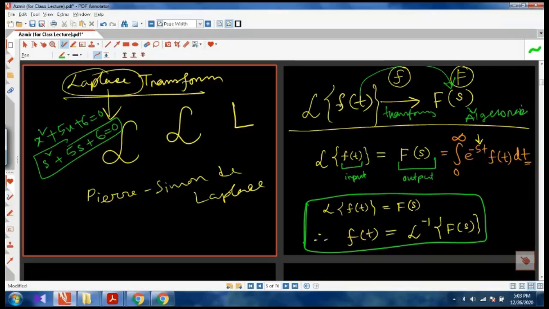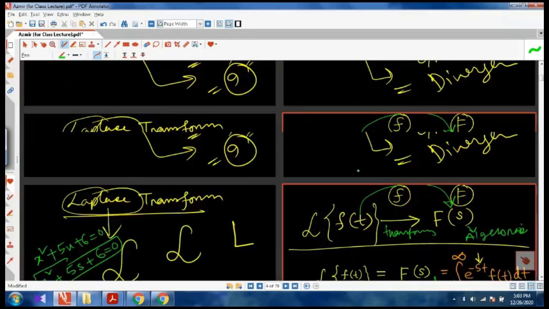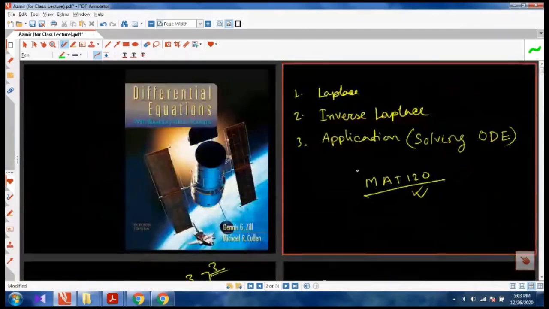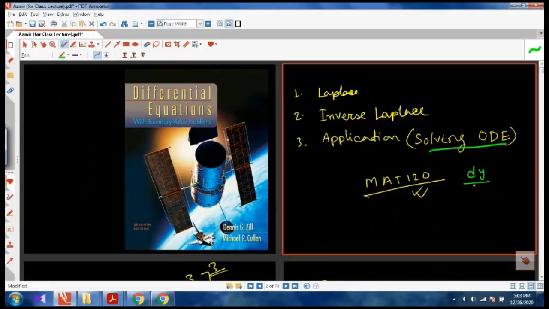So Laplace transformation, at first, don't forget why do we need Laplace transformation? Laplace transformation is actually needed to solve ordinary differential equations, like let's say dy dx equal to x squared. To solve this type of differential equations, we need somehow Laplace transformation. This is a powerful tool.